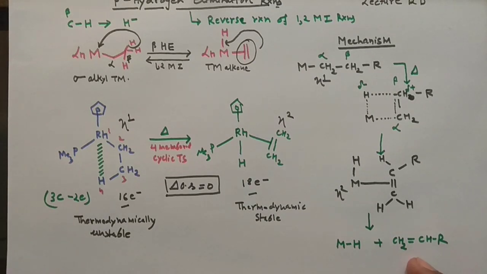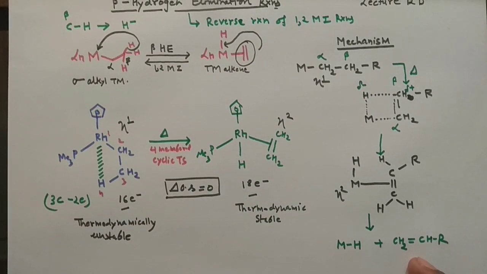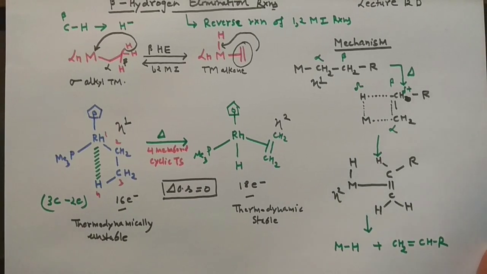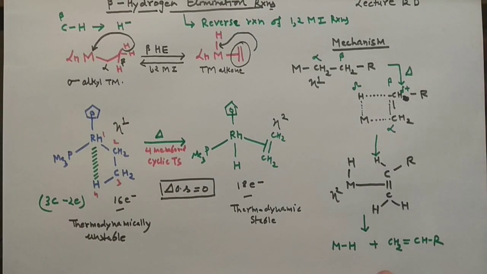So again, this is very important. In competitive examinations, they also ask the question in a form where they give you 2 or 3 complexes and ask which complex will readily give the alkene as the byproduct. So when you are getting the alkene as the byproduct, you have to proceed the reaction up to the formation of the alkene part as well as the metal hydride.